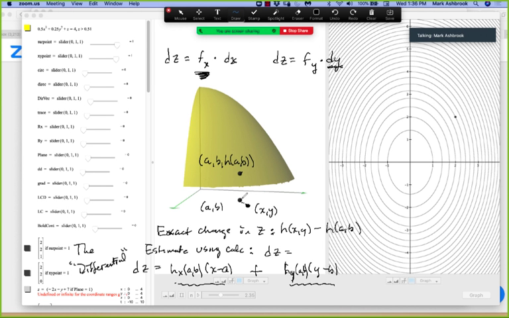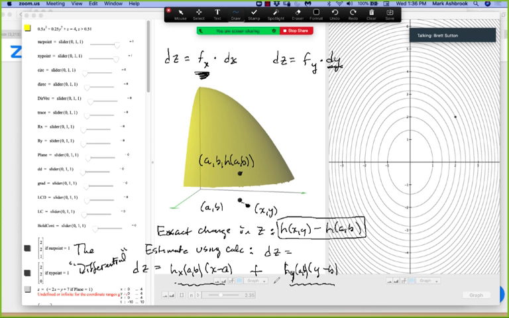But still, technically not exact, right? This would be exact: actually get the two function values and subtract. That's how much z would change exactly. But why is this not exact? What is it about this way that makes it non-exact?